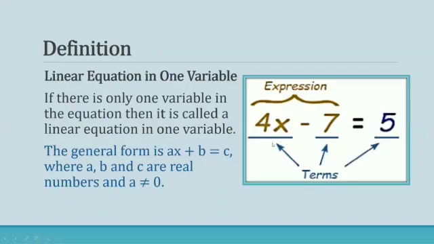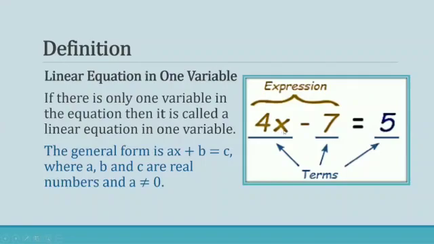Again I am repeating, the left hand side 4x minus 7 is one expression, algebraic expression you know. Right hand side we have a constant term, that is 5. Both are separated by equality sign, and here the only one variable is there, which is x, and the highest power of x is 1.